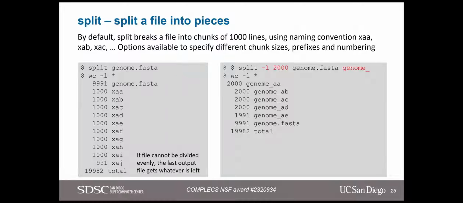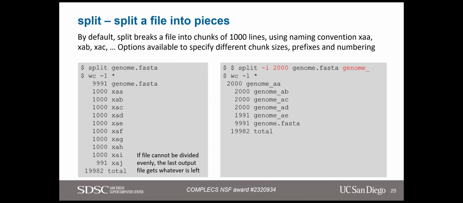In this example, we have a file named genome.fasta, and we're going to split it. It's going to split it into as many files as it needs. It will give each file up to 1,000 lines, and if they can't be divided evenly, the last file is going to get whatever's left.